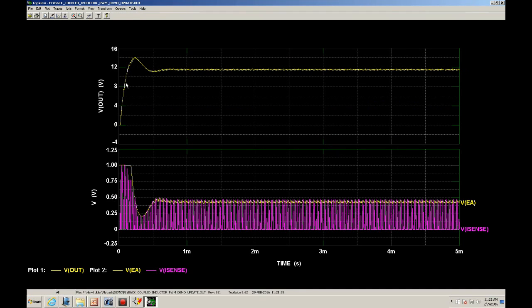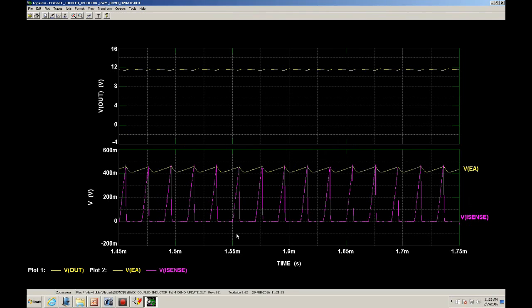Okay. So here you can see that the yellow is the error amp and your V iSense is your current. So whenever the ramp exceeds the error amp, it resets and basically turns off your MOSFET.